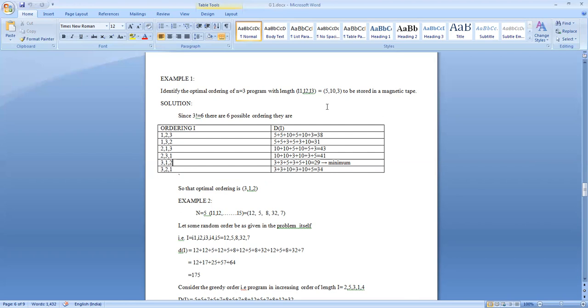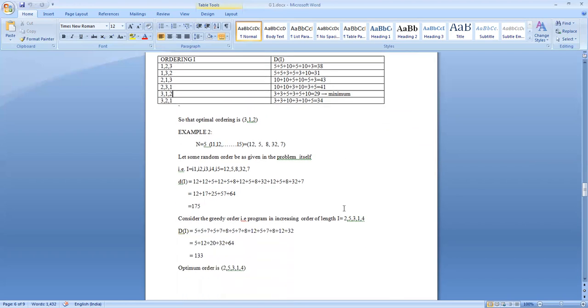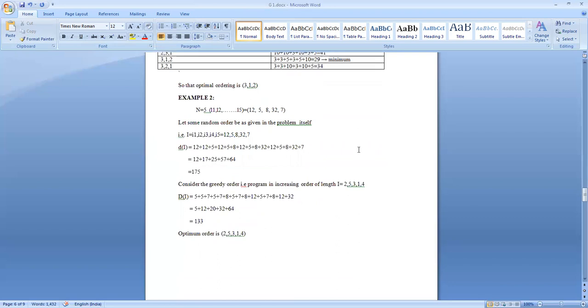Let us look at another example. You are given 5 programs. The lengths of the 5 programs are 12, 5, 8, 32, 7. Now let us assume that no ordering is done here.